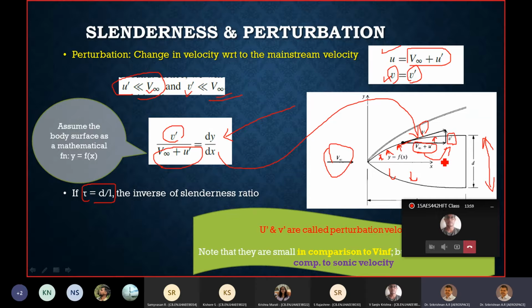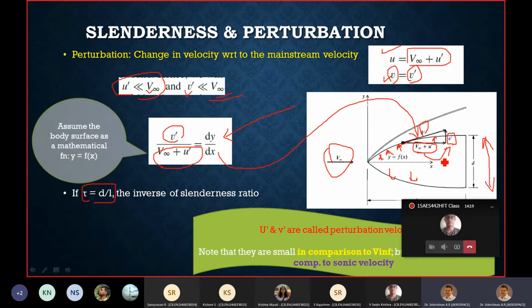You would have already heard of the property called slenderness ratio, which is L by D. It's very important, not only in aerodynamics, even in structural analysis. Probably you would have come across that in aircraft structures.